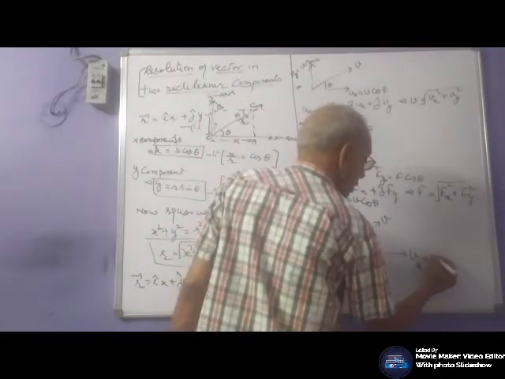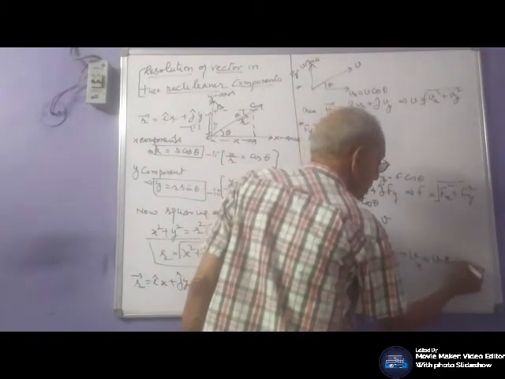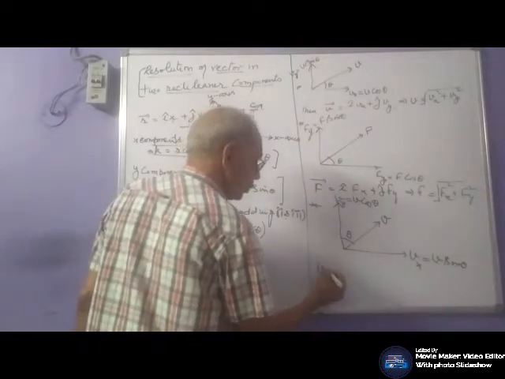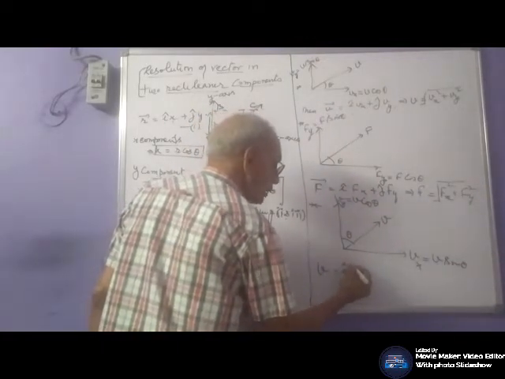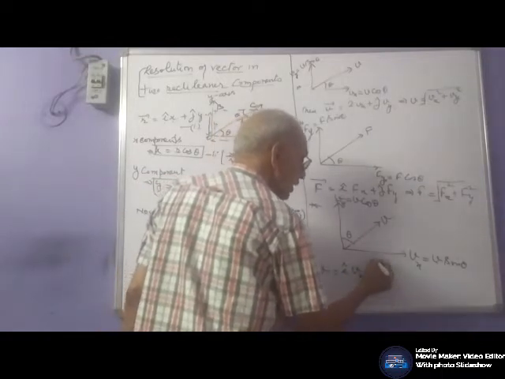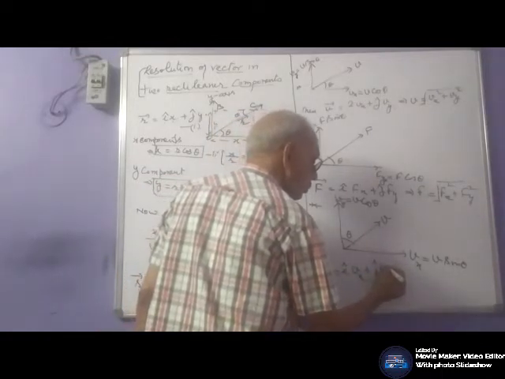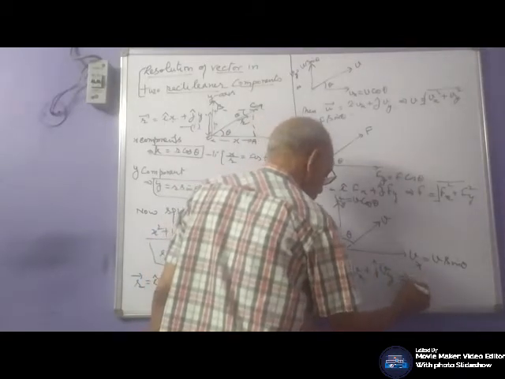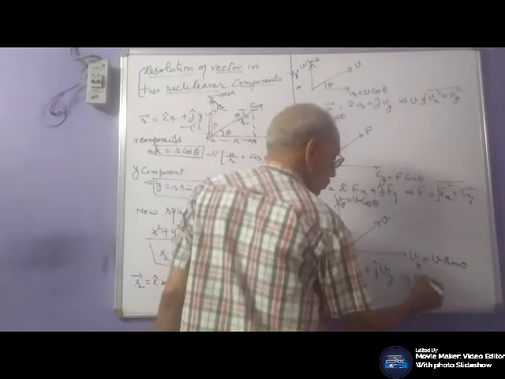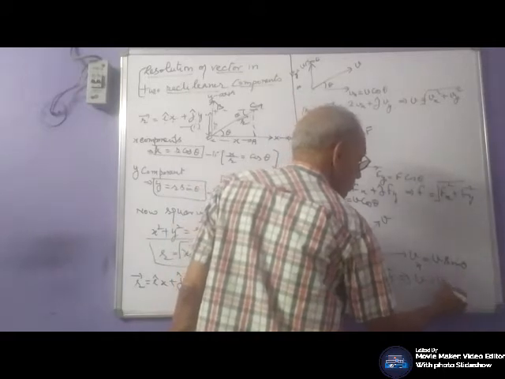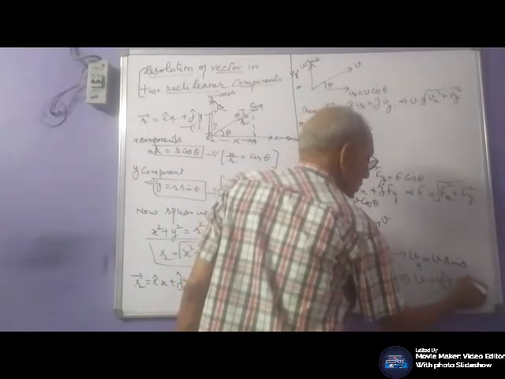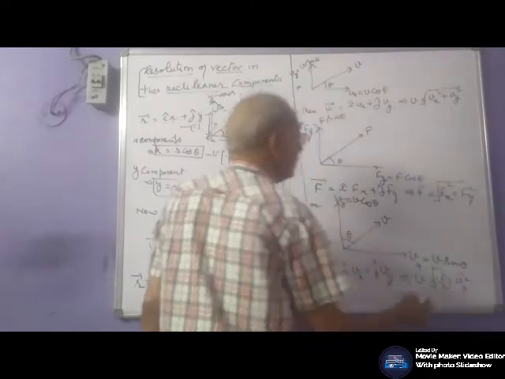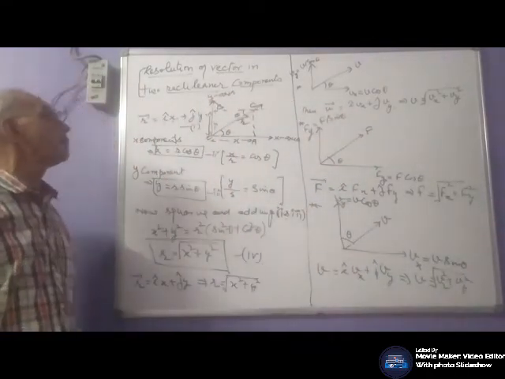Perpendicular, it is V sin theta. So again V is I Vx plus J Vy, magnitude V is Vx square plus Vy square under the root. The same was there in parallelogram law. So this is the resolution of vector into rectilinear components.